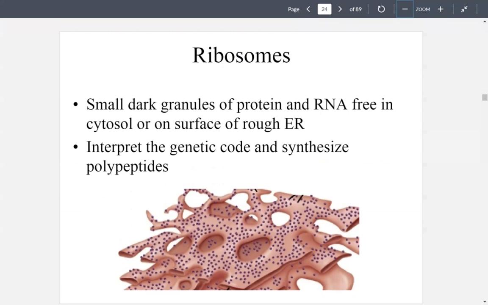When we talk about reading DNA, there is a strand of RNA called messenger RNA. And that strand of messenger RNA is going to end up going to a ribosome and getting interpreted through a couple more steps into a chain of amino acids. And it's the ribosomes that are going to do that reading and connect the amino acids together.